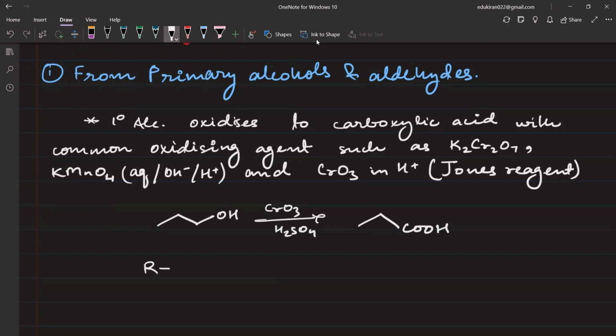In general, we can write RCH2OH with an oxidizing agent gets converted to carboxylic acid.